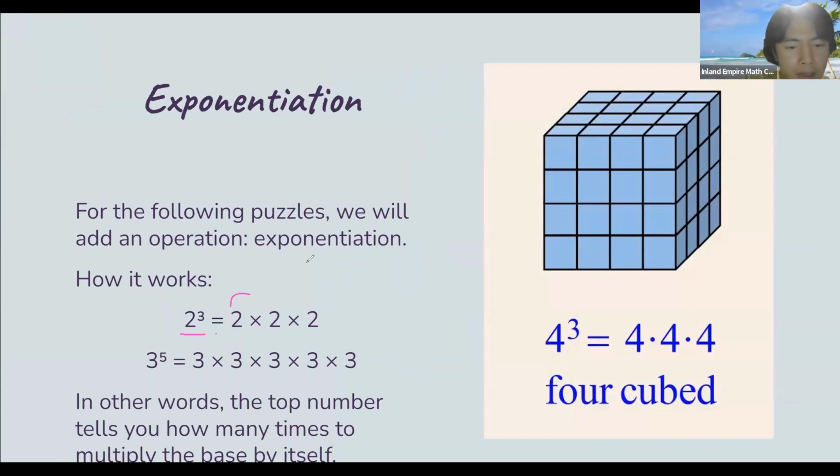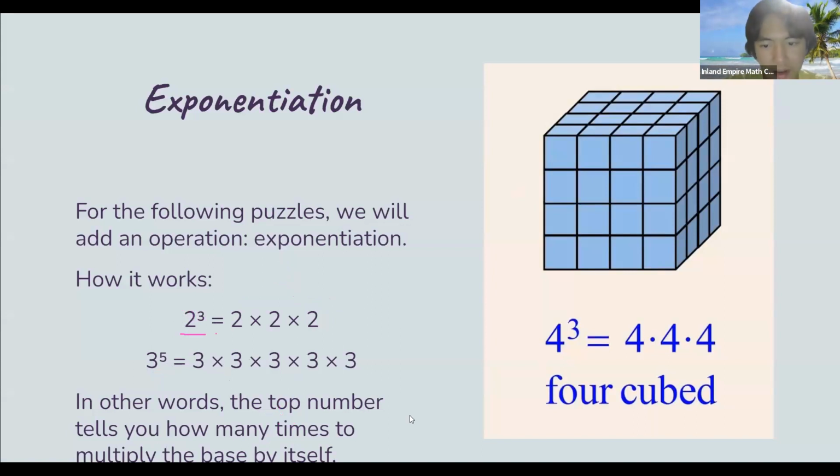It's 2 multiplied by itself 3 times. 3 to the fifth is 3 times 3 times 3 times 3 times 3, which is 3 multiplied by itself 5 times. So as you can see, the top number tells you how many times to multiply the base, which is this thing here, by itself.